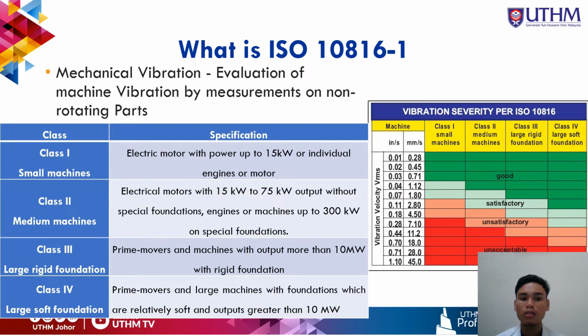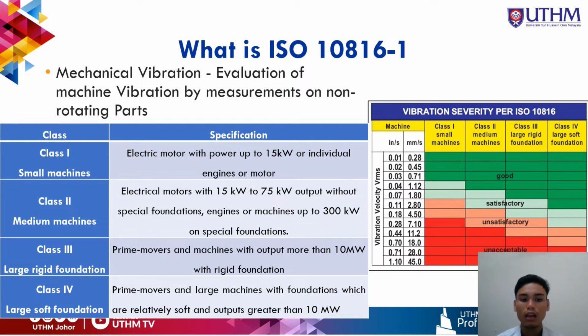Class 1 shows small machines with power less than 15 kilowatts. Class 2 is medium machines with motor power of 15 to 75 kilowatts output, or engines up to 300 kilowatts on special foundations.